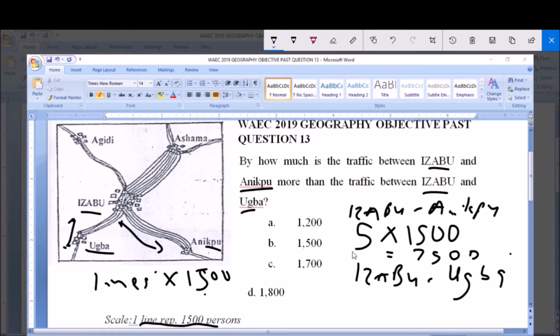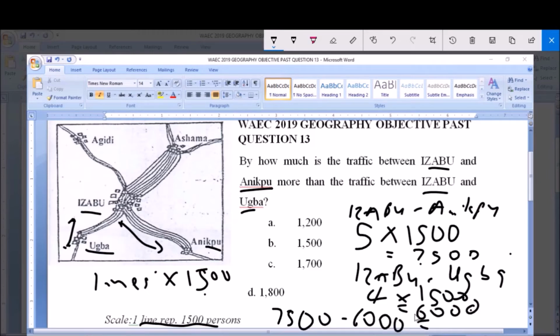You have 4 lines, so 4 multiplied by 1,500 is equal to 6,000. Now we are asked for the traffic difference, so we'll subtract 6,000 from 7,500. So 7,500 minus 6,000 is equal to 1,500, and 1,500 is option B, which is the correct answer.